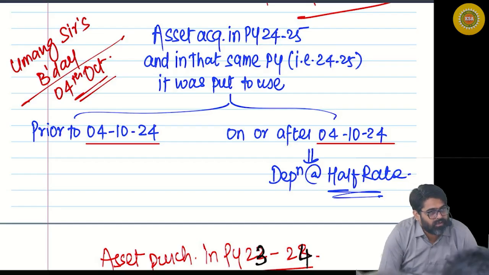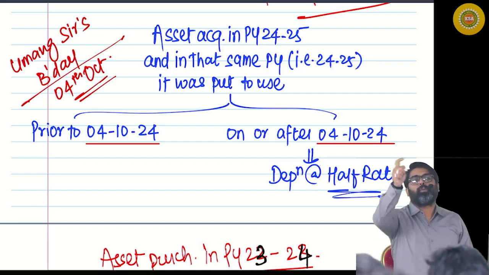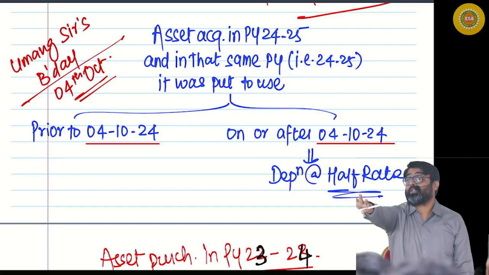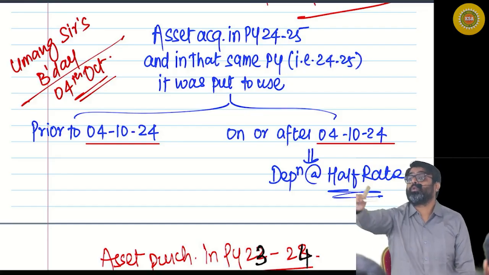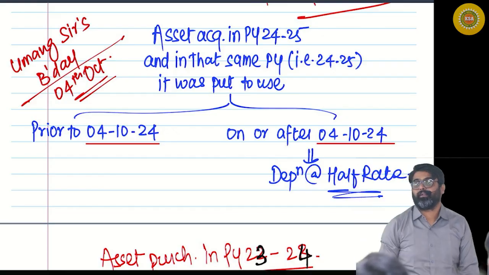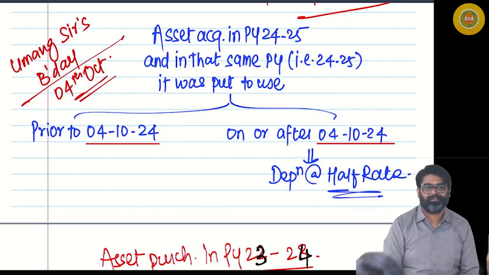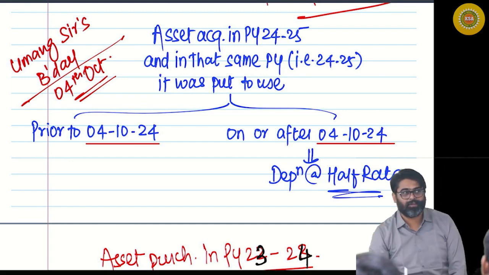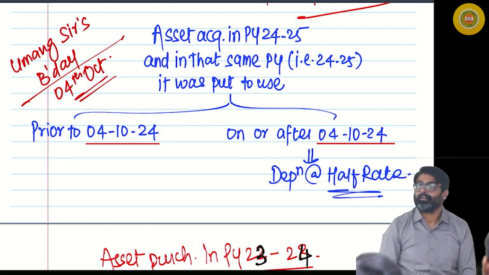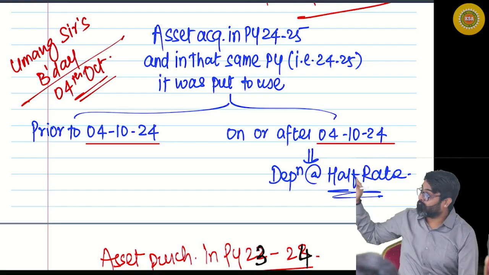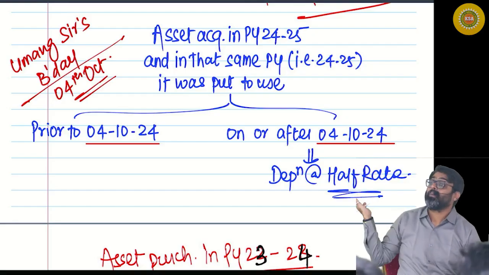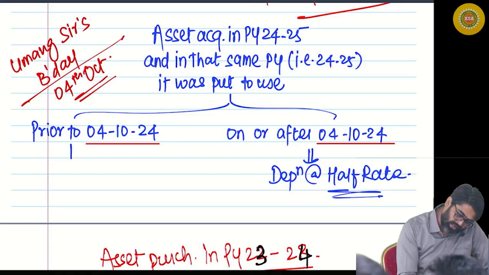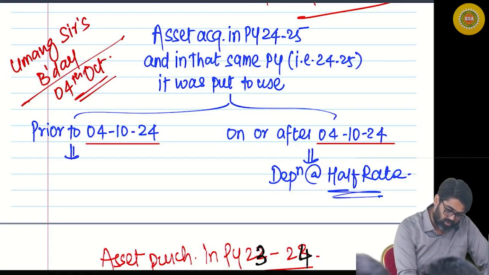Now, wait. What if you put to use on 3rd October? If you put to use on 4th, you will be able to use it for 179 days. But if you put to use on 3rd, 180. If on 2nd, 181. So if the asset was put to use before my birthday, on any date, you will be able to use it for 180 days or more.